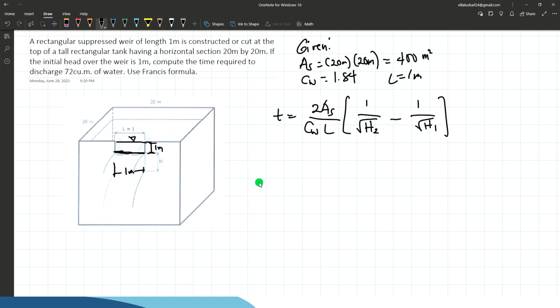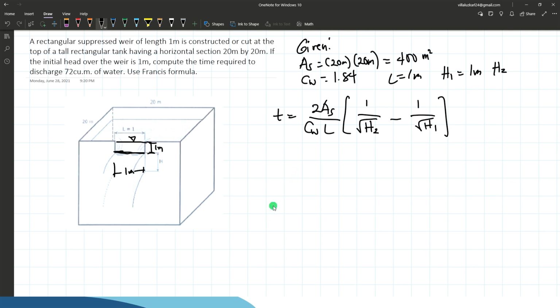Okay, how about H2 and H1? For H1, that's your initial head, that's 1 meter. But the problem is H2. How can we determine H2?